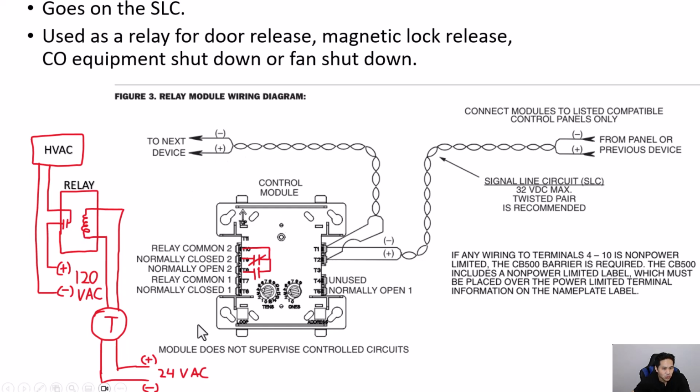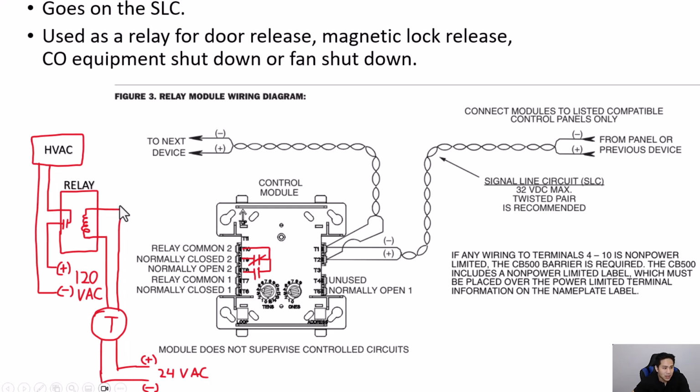Another way these control modules can work is that these contacts are rated for a specific voltage and current, which are very low. And let's say you didn't have a thermostat type of system here where you could just run the low voltage through these contacts, which are rated for that low voltage and low current. And let's say you needed to run the higher voltage and higher current using this control module.